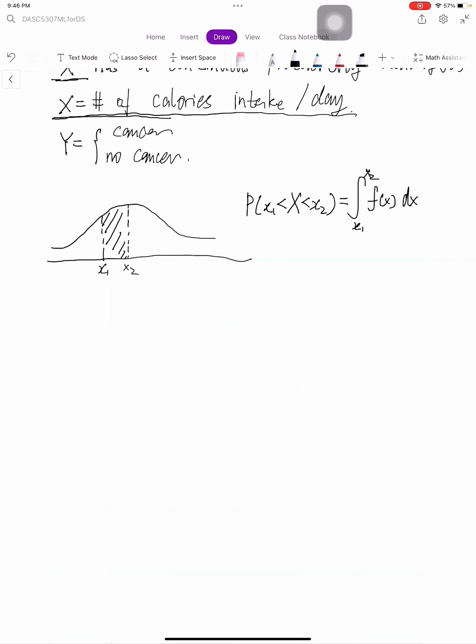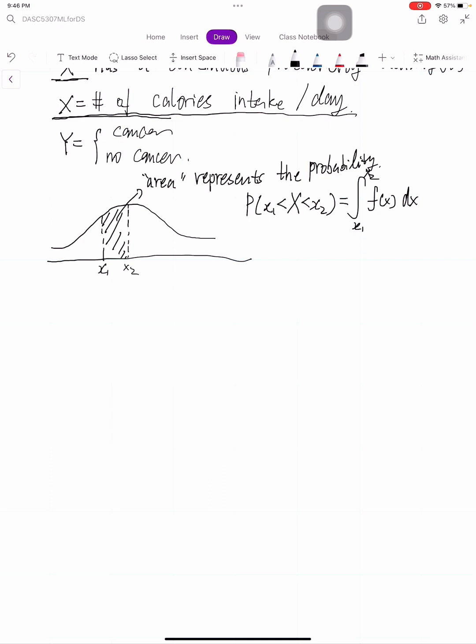This is the area between these two values under the density curve. We use this area to represent the probability.